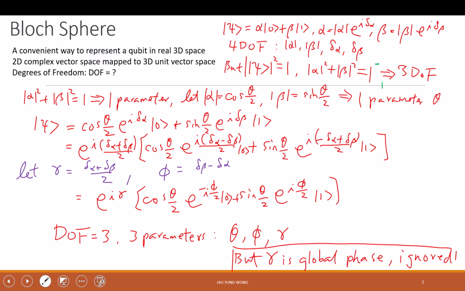It's not important. If the whole system has a global phase, it doesn't have any physical meaning. Okay, let's take a look. Let me repeat: gamma is the global phase, and it has no physical significance.